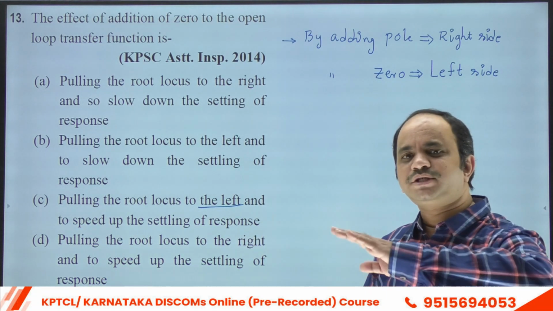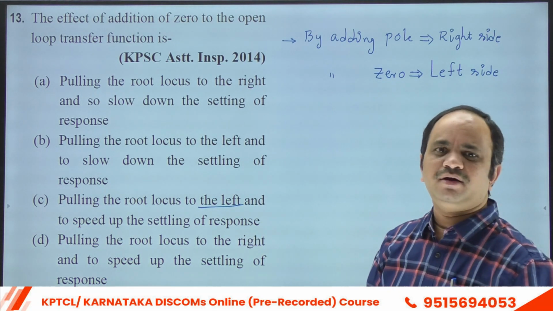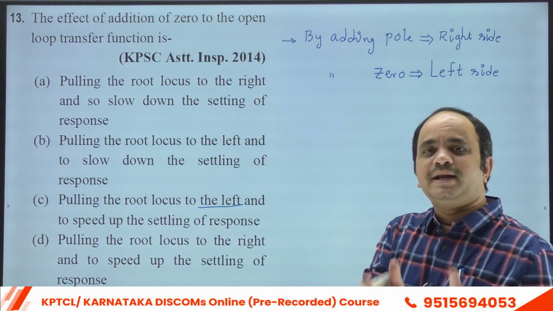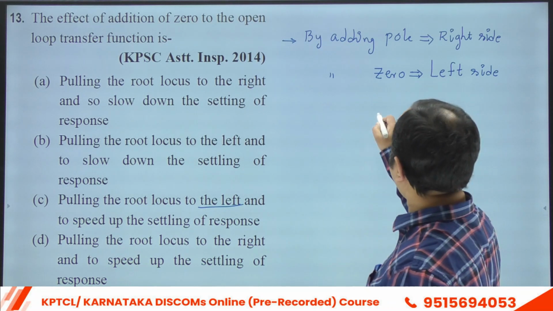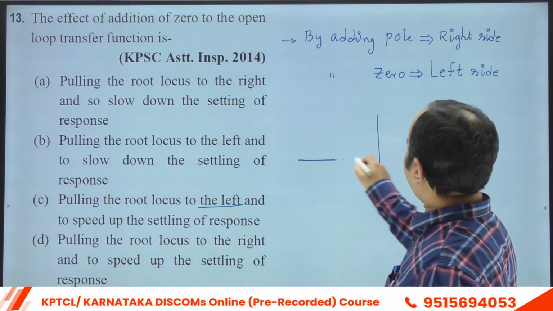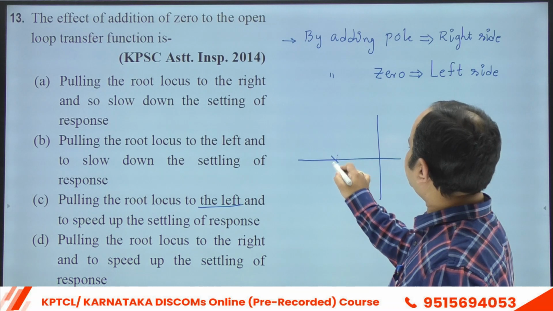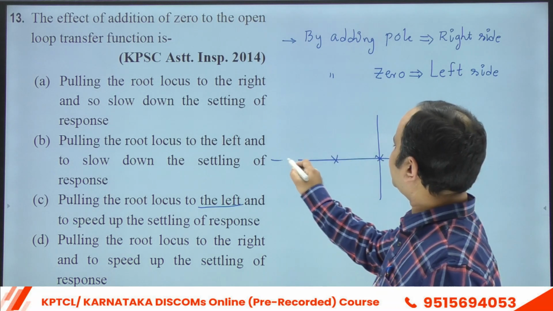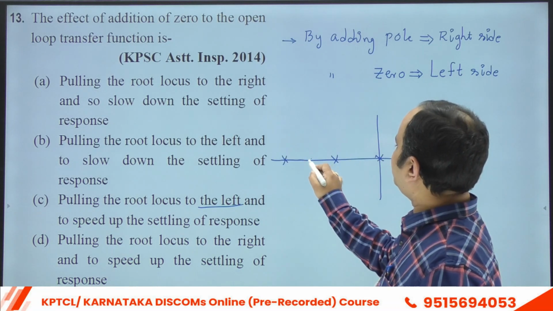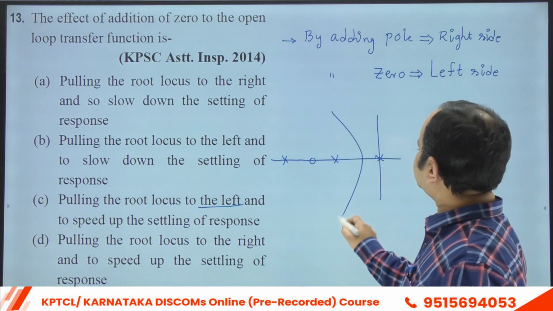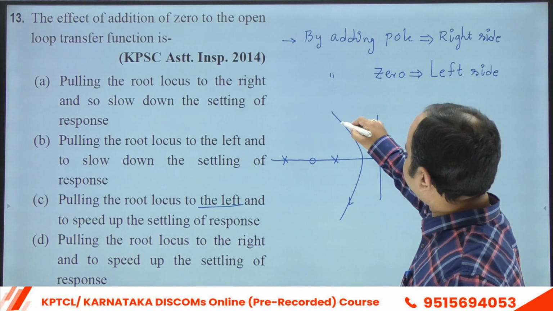So when the root locus is pulled towards the left hand side, the dominant pole real part will increase. For example, when the root locus diagram is something like this, these are the open loop poles. Now if I have a 0 here, the root locus plot could be something like this.